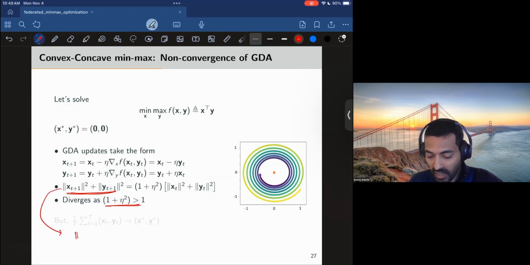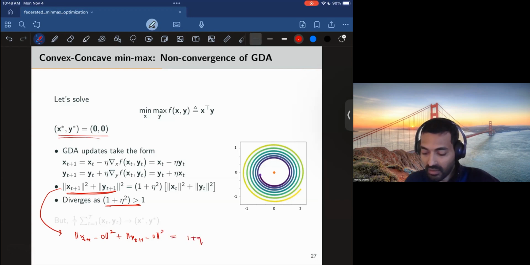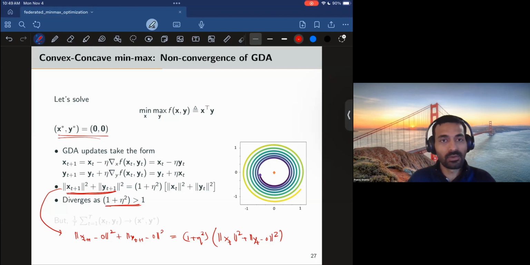We can rewrite these as x_{t+1} minus 0 plus y_{t+1} minus 0. Recall that 0 is our saddle point, right? So what we are essentially saying is that the distance from the saddle point is increasing over time. But that doesn't make sense. Like, this algorithm is actually going away from the solution.